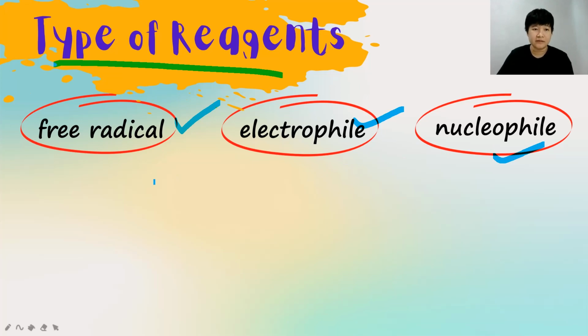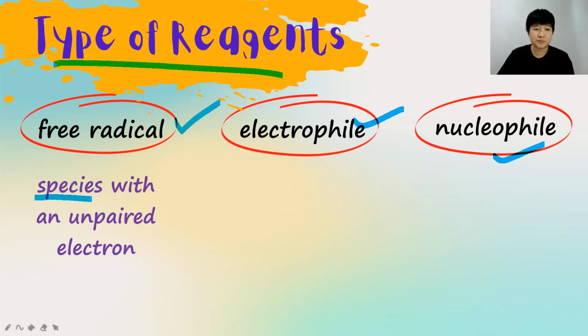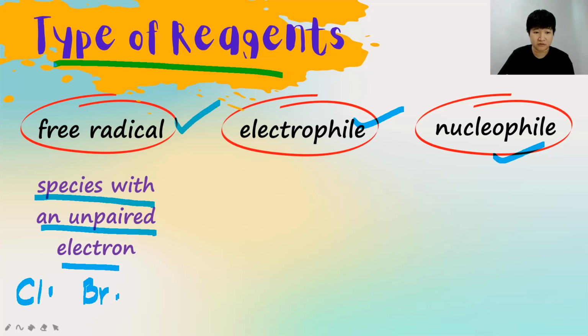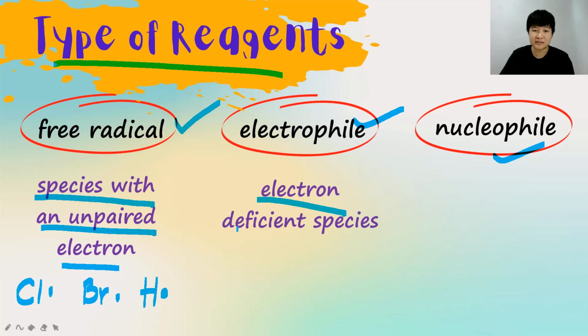As a summary, a free radical is a species with an unpaired electron. If you remember, your Cl with a single dot, your Br with a single dot, your hydrogen with a single dot, that is all your free radical. While your electrophile is the species that is electron deficient. Electron deficient means losing electron, and losing electron means positive charge.